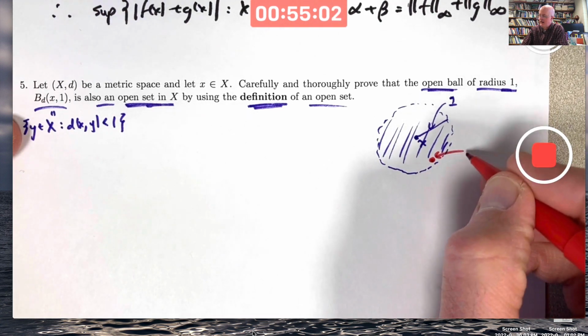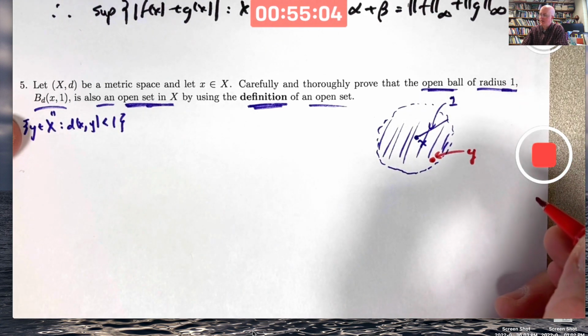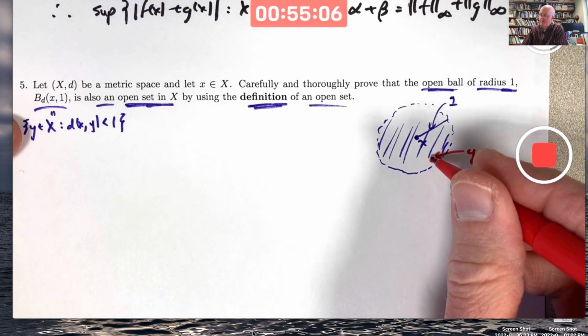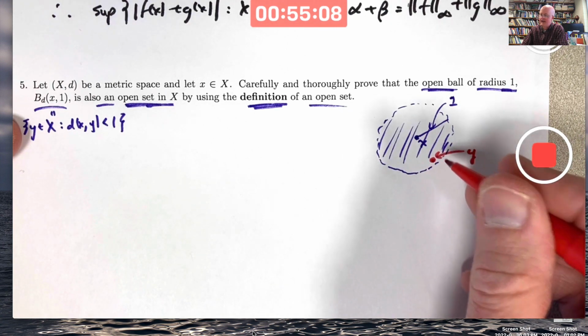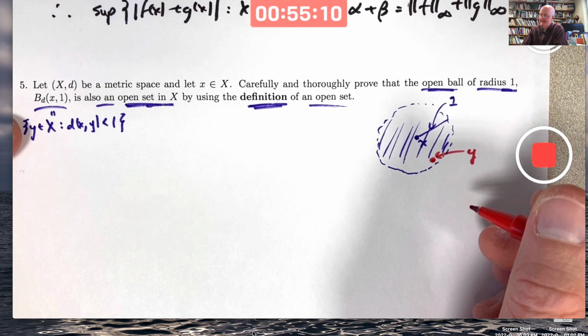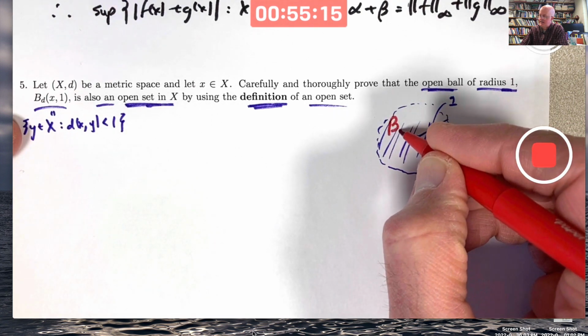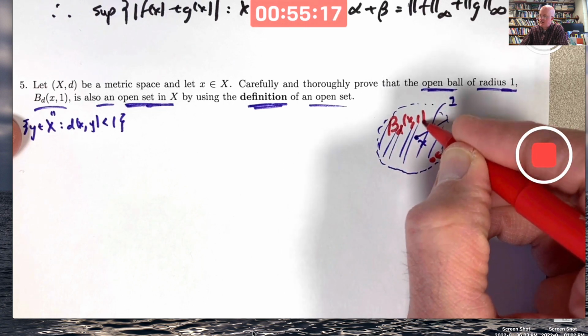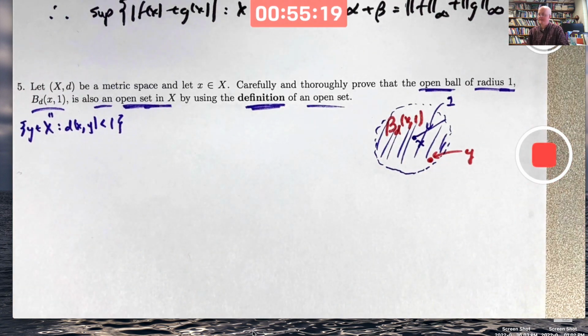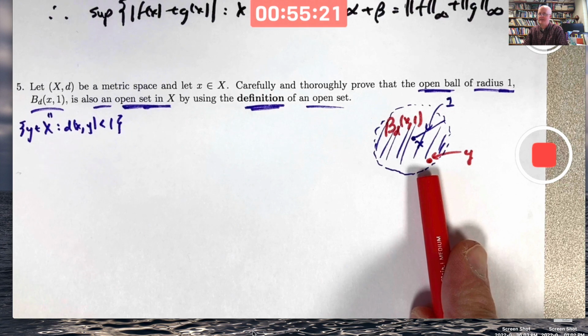Call that point y. Can I find an open ball centered at y that's contained entirely inside this open ball here? The closer y is to the boundary, the smaller the radius of the open ball I need is going to be.